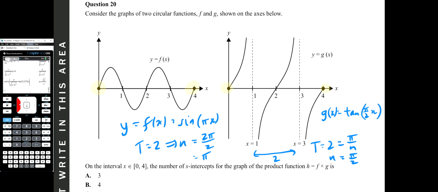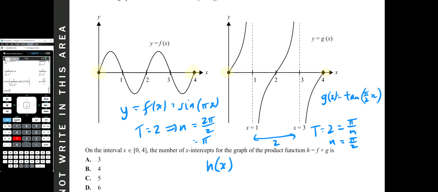So let's look at the calculator page. Menu 3.1. We want to solve the product of these two. So the product h(x), in our case, is going to equal sine of pi x multiplied by tan of pi over 2 x.